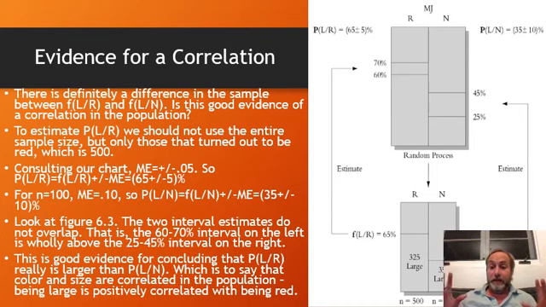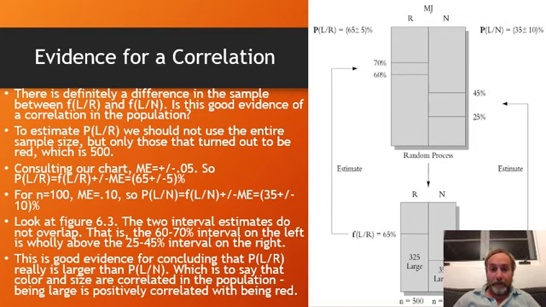So the probability of large conditional on non-red in the population will be equal to the sample frequency for large conditional on non-red plus or minus the margin of error, which is equal to 35 plus or minus 10%. And you'll see that illustrated on the top on the right. So 35 plus 10% is 45, 35 minus 10% is 25. So our interval there is between 25 and 45 on the non-red side.